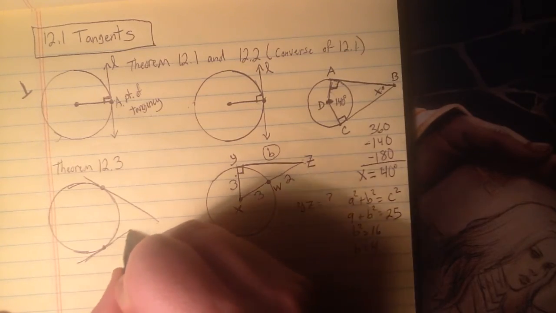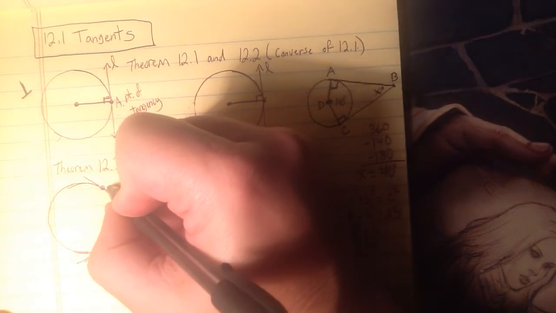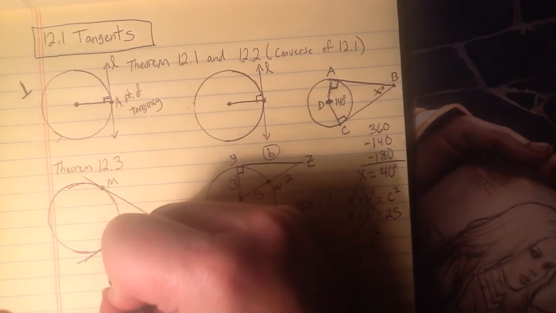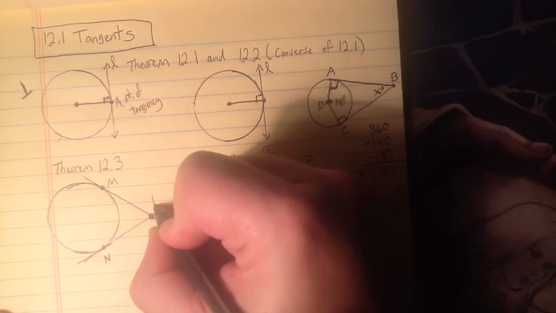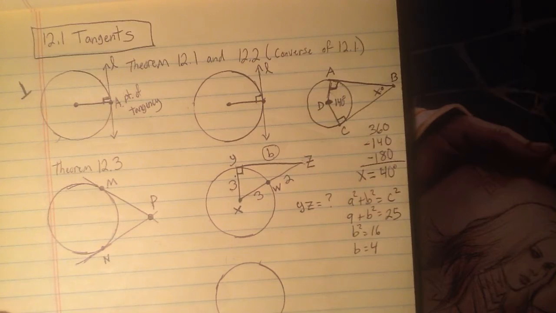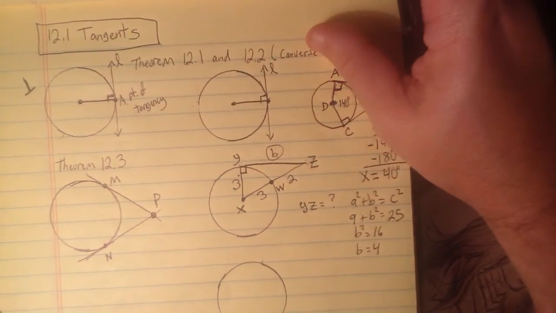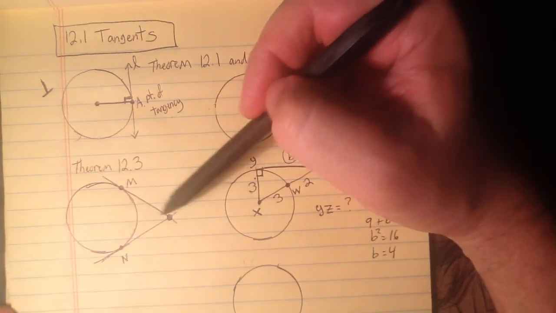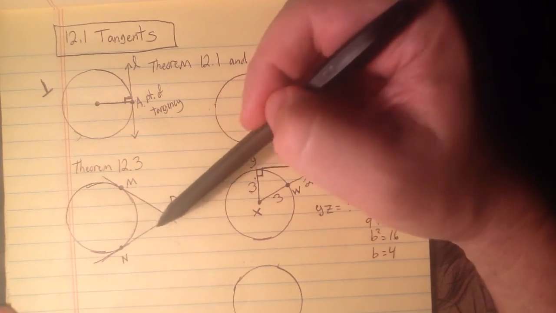We'll call this one M, we'll call this one N, and we'll call the point where they come together P. Then the theorem says that if you have two tangents that come together at a common endpoint, then the distance from that endpoint to each point of tangency is the same.